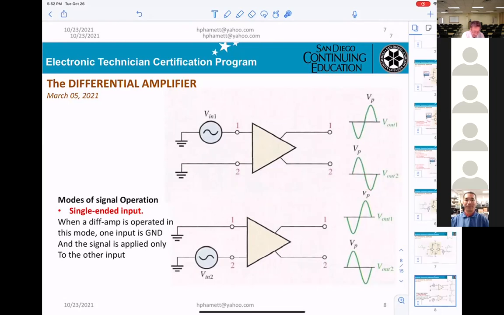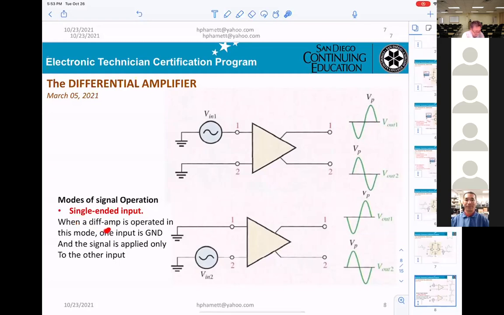And the same thing: they apply the signal to input 2, input 1 is grounded, and you get the same. One will be in phase, and one will be out of phase. Most signal operation is single-ended input.